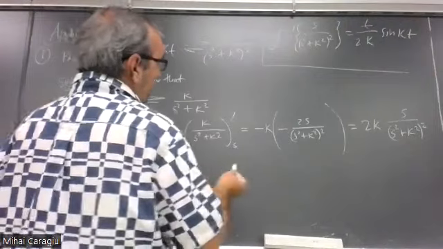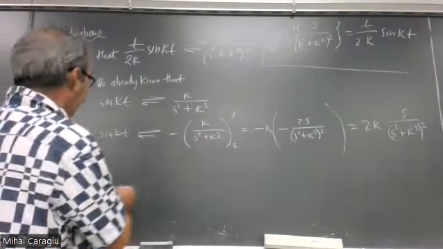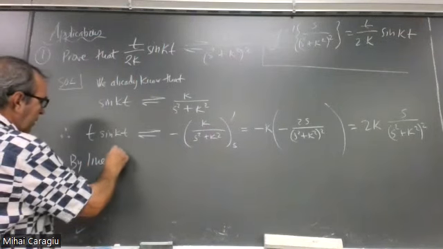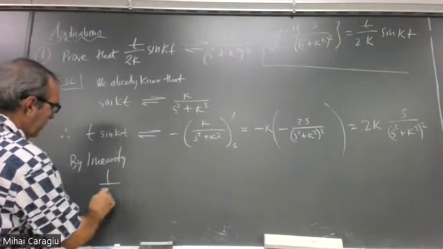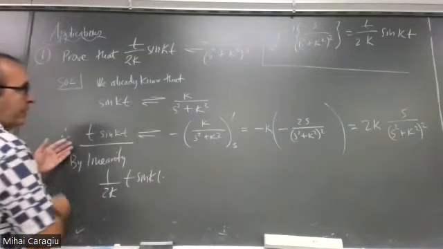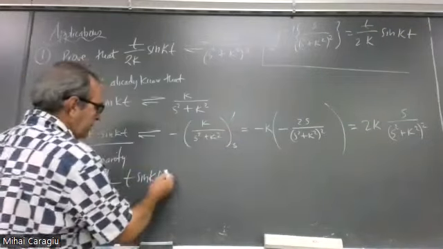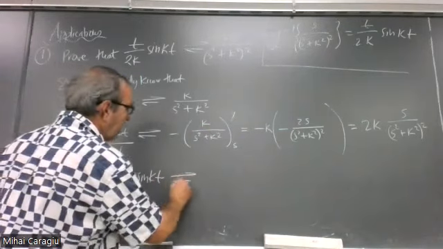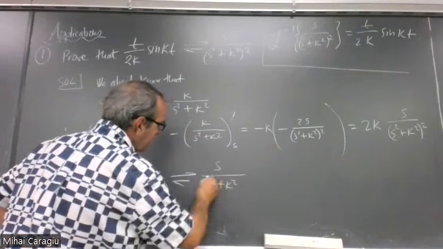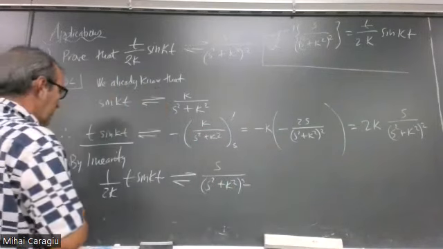Because of linearity, divide by 2k left and right. So 1 over 2k t sine kt transforms into s over s squared plus k squared, squared.